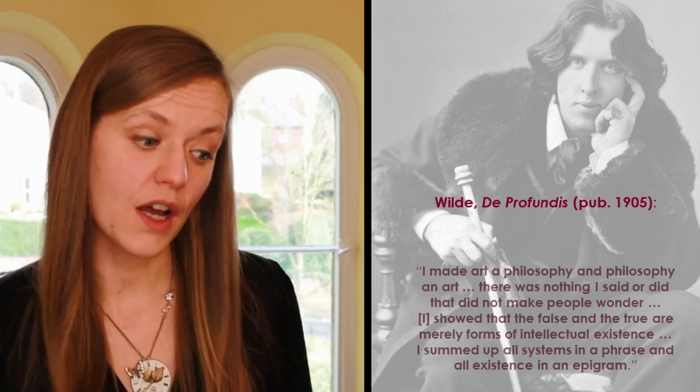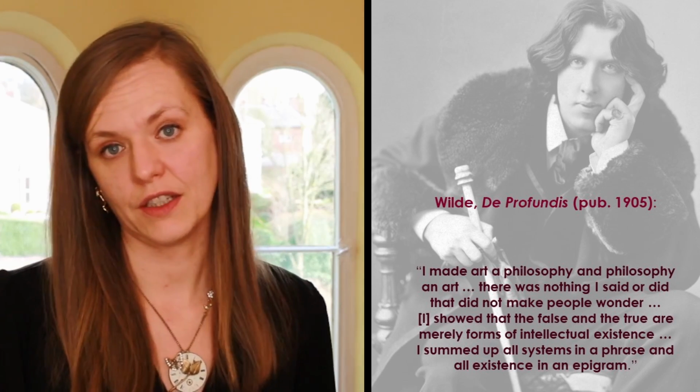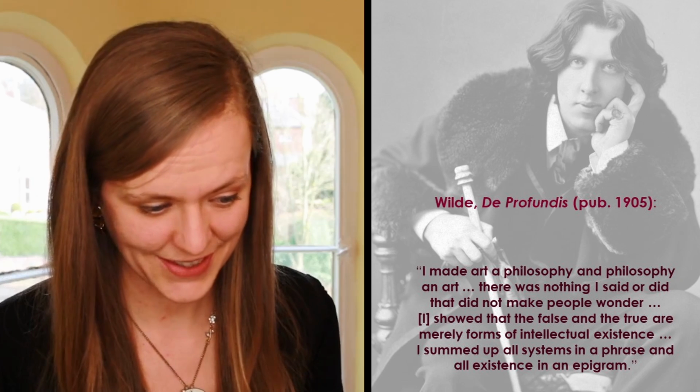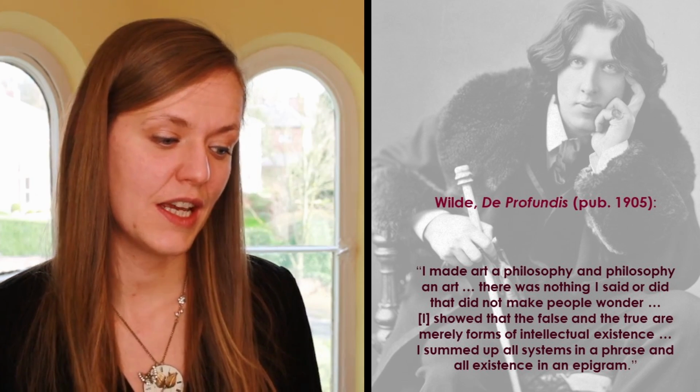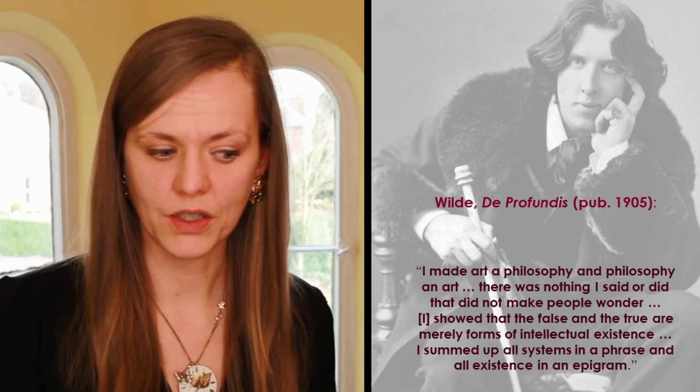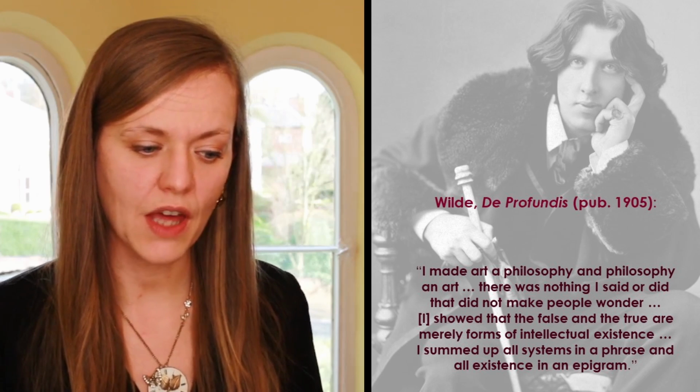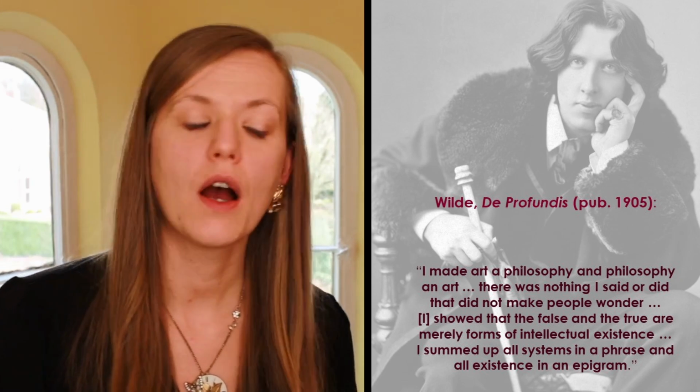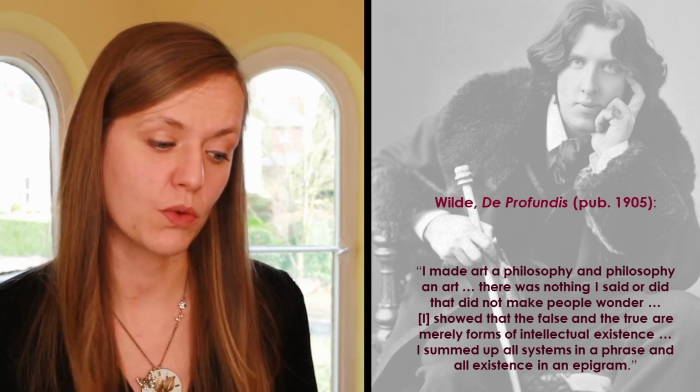So Oscar Wilde wrote in De Profundis, defending his own style, "I made art a philosophy, and philosophy an art. There was nothing I said or did that did not make people wonder. I showed that the false and the true are merely forms of intellectual existence."